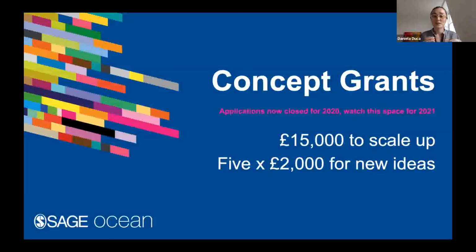In terms of tools and supporting tools, we set up concept grants, and this year we ran our third round. The concept grants are really focused on any team, either within academia or outside academia, that are developing software tools specifically for social science research, so specifically for analyzing, managing, collecting data, and so on.